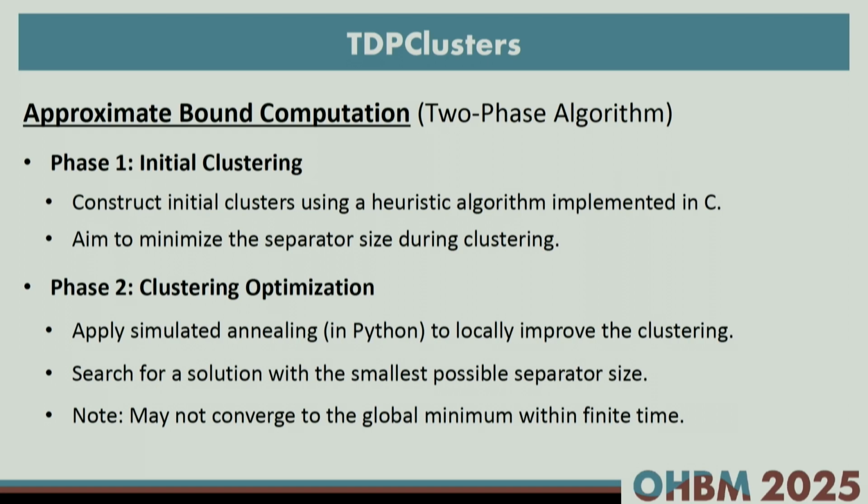And in the second phase, we optimize the clustering upon this suboptimal solution to find the global optimal solution of this k-separator problem. However, this algorithm is iterative, so it may not always converge to the global minimum within a limited running time. But compared with the cluster TDP algorithm, the TDP clusters tends to give you a more accurate estimate of the TDP, so we recommend you to run this analysis as well.